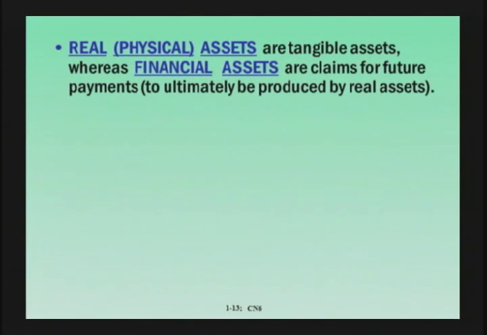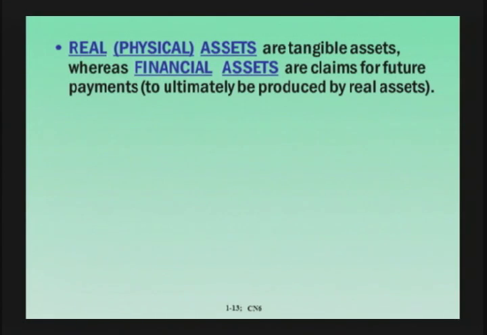In financial markets, we have real assets that are tangible, physical assets like plant and equipment, land, inventory, and things like that. And we also have financial assets. Financial assets are paper assets. Basically, they are legal claims on the earnings or the payments that will be generated by the real assets.